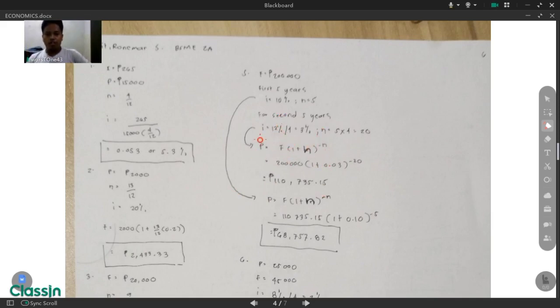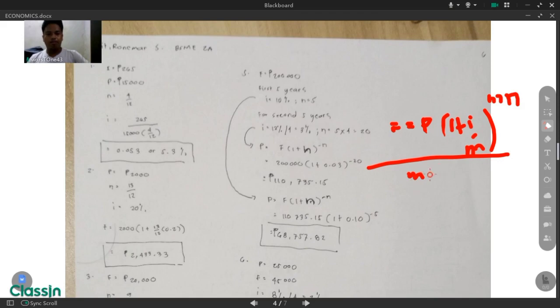Since we're finding the present worth, the original formula is F equals P times 1 plus I over M, to the power of M times N. Okay, so we just divide it all by the factor, so it will be cancelled.